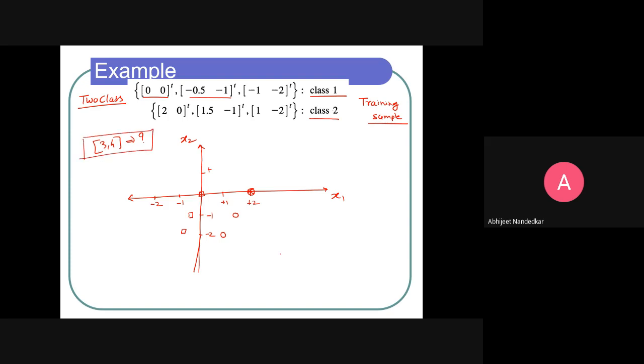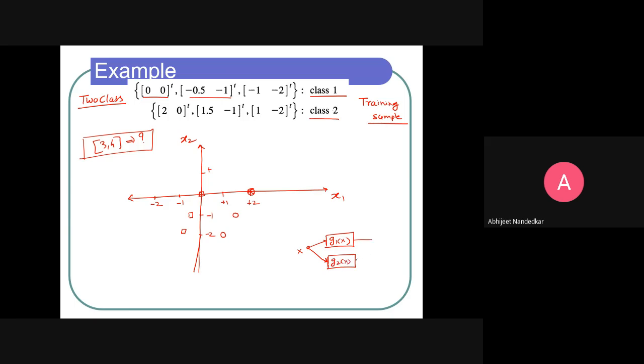Now here what we want to do is design a structure like this. This will be my input. Since this is a 2-class problem, I want to design g1x, a discriminant function. Discriminant means the function which can separate or discriminate between classes. So this is g2x.